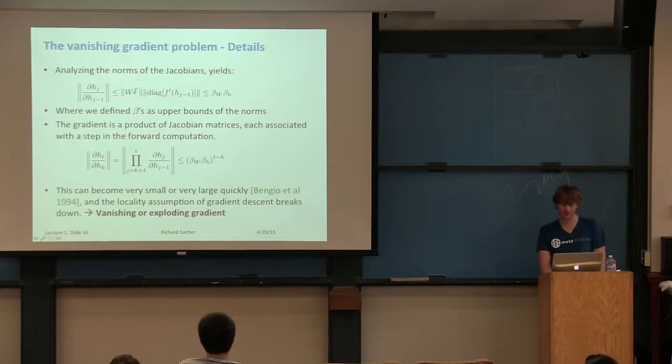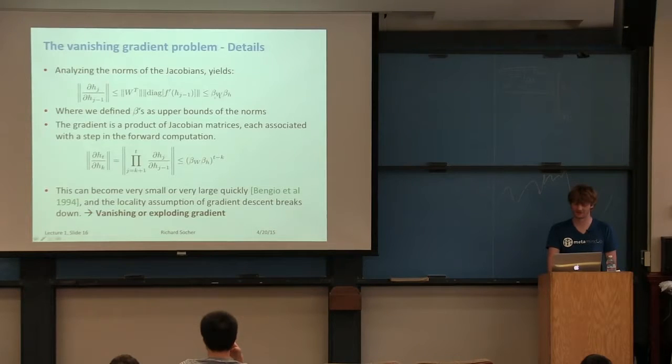So the W, though, no matter what your nonlinearity is, your W can have a norm larger than 1. Nice. And then if the upper bound for this isn't very, very small, then you'll still have trouble.